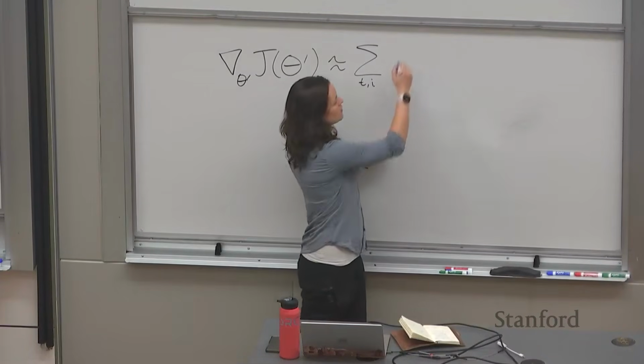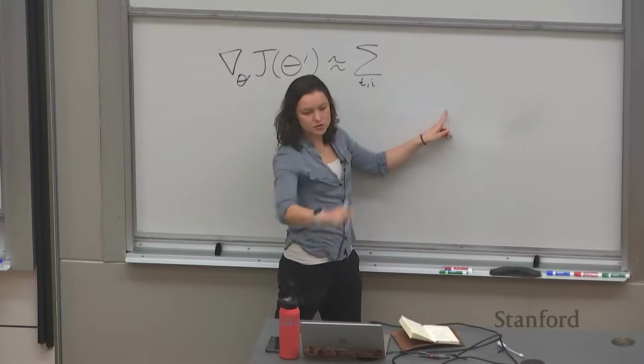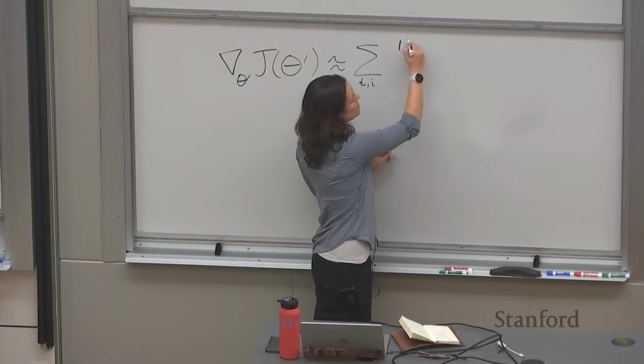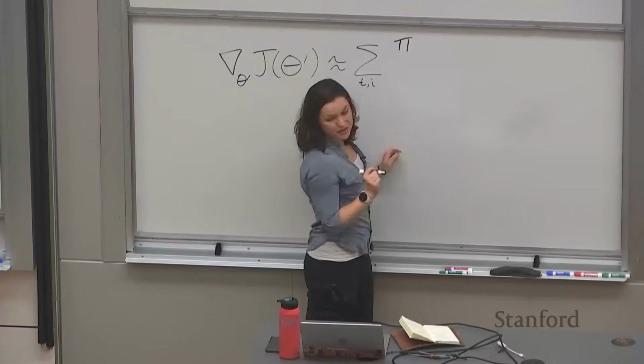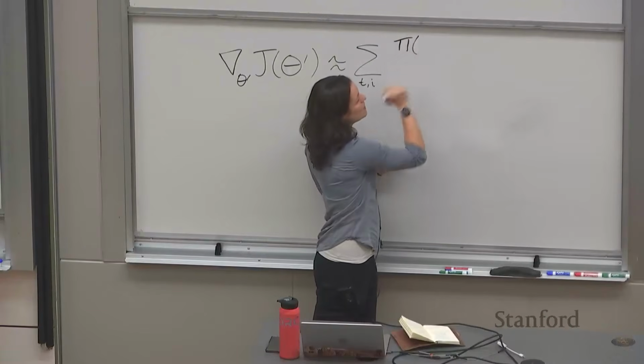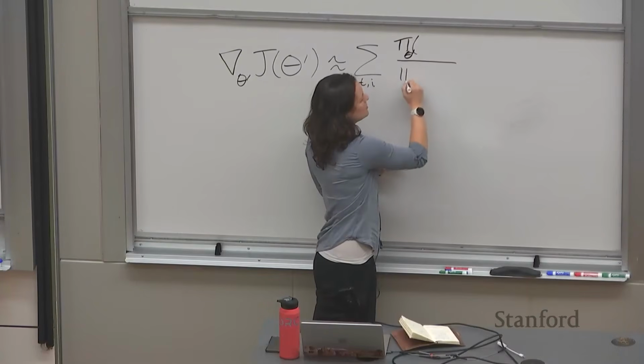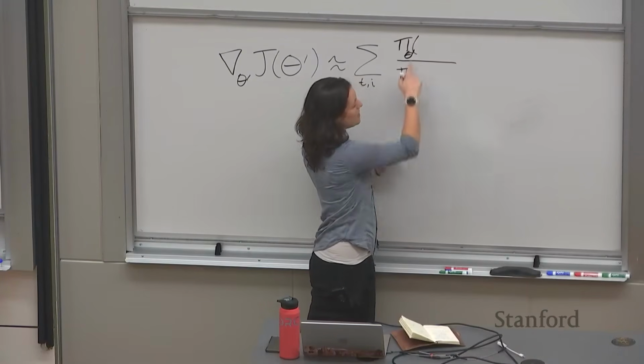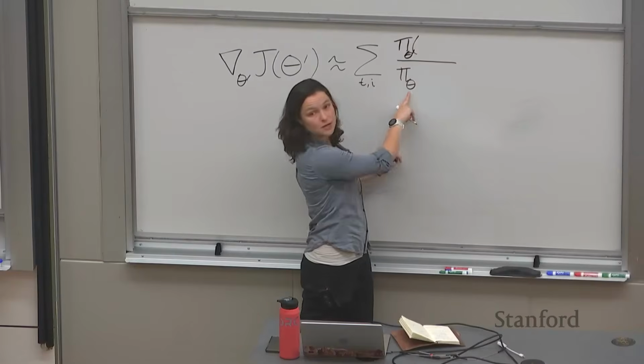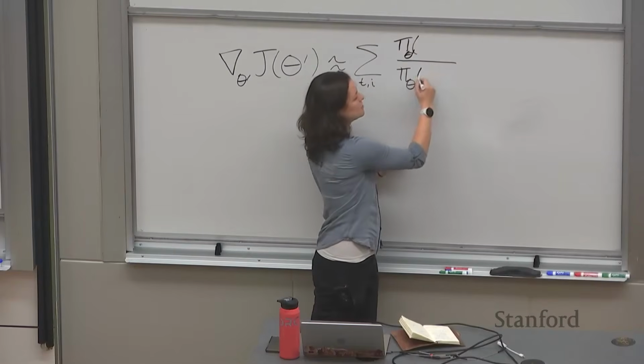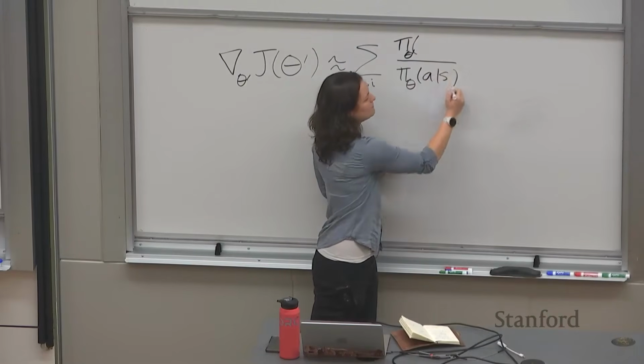And we're then going to use the same gradient step as before, but we're going to weight the gradient term with an importance ratio between our new policy pi theta prime and the policy that was used to collect the data, which is pi theta.